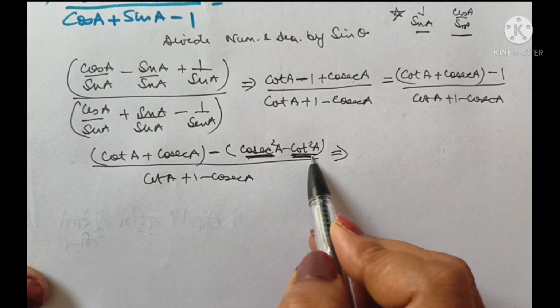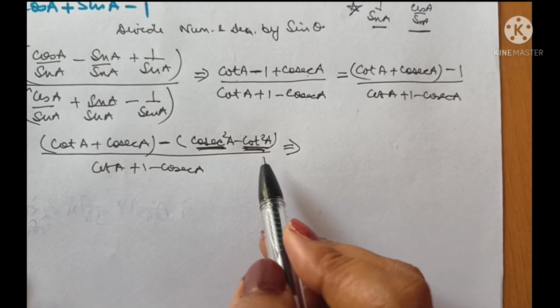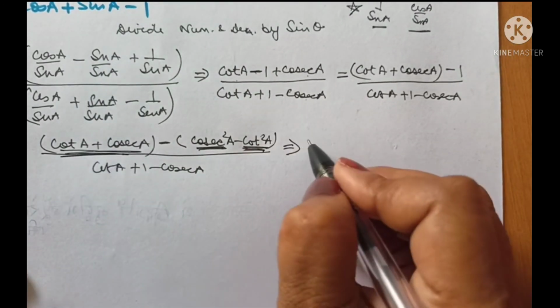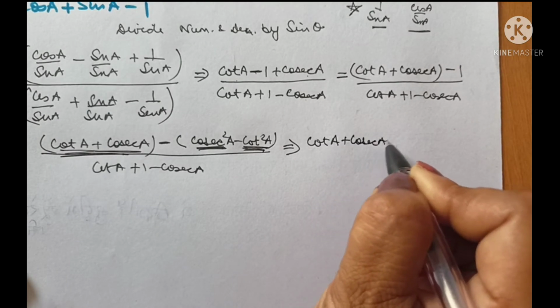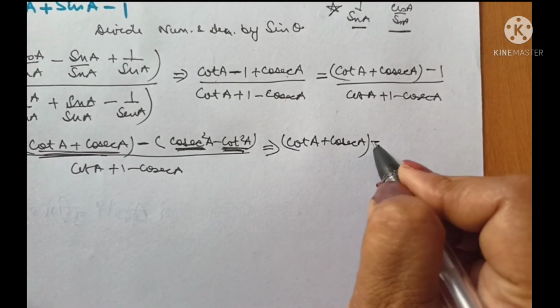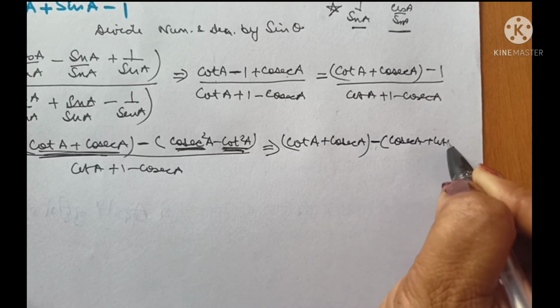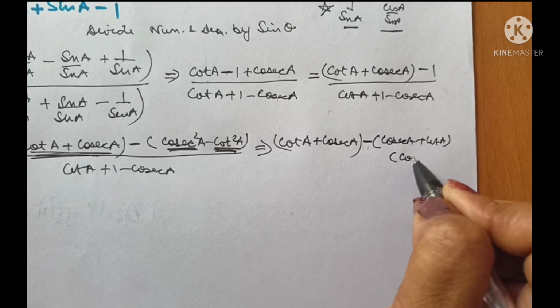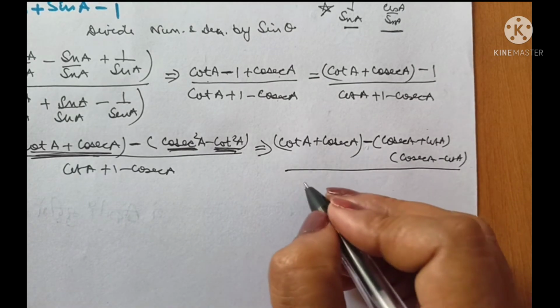I am going to use the identity of a square minus b square. You know that it is equal to a plus b into a minus b. So I write the first term as it is. Please notice the use of brackets which I am doing, which is very, very important. Minus. Now this gives me cosec A plus cot A multiply by cosec A minus cot A. In the denominator, there is no change.